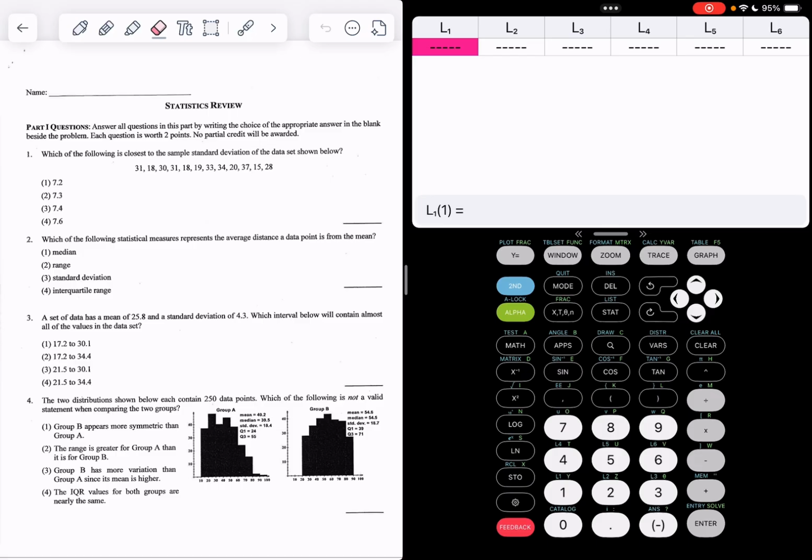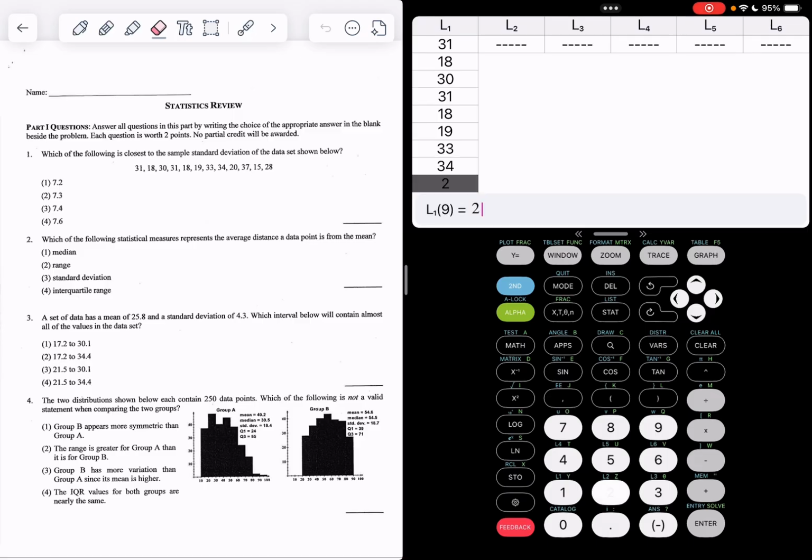So I'm going to put this data in: 31, 18, 30, 31, 18, 19, 33, 34, 20, 37, 15, and 28.